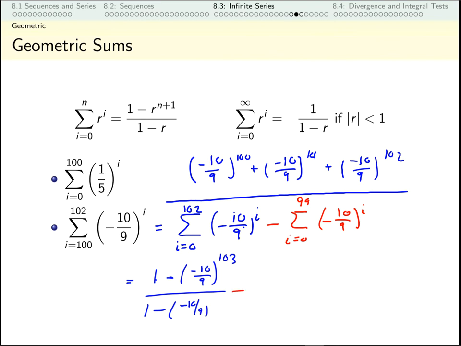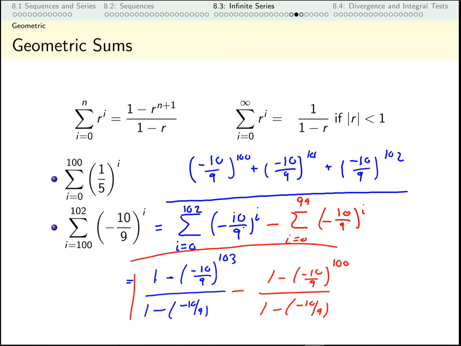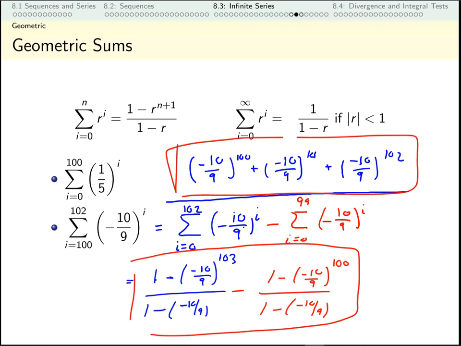The one on the right is 1 minus my ratio, negative 10 ninths, to the power n plus 1, which is 100, divided by 1 minus my ratio. So that's another way to evaluate this sum, and this answer that we found needs to be the same as this sum here. It just takes some algebra to make them look like one another.